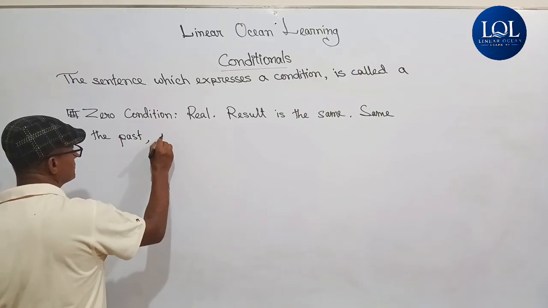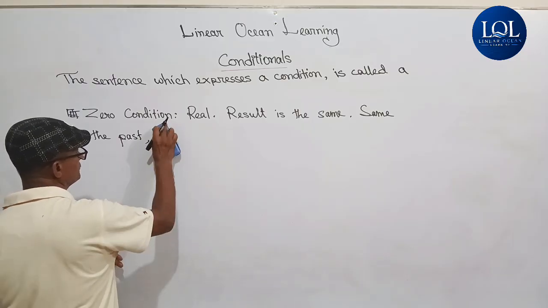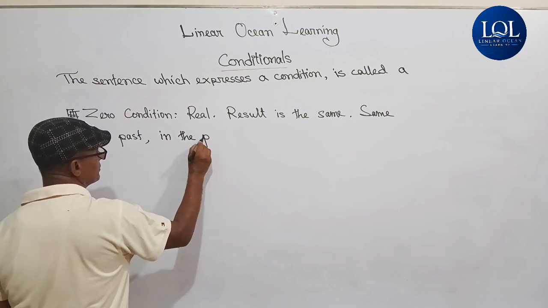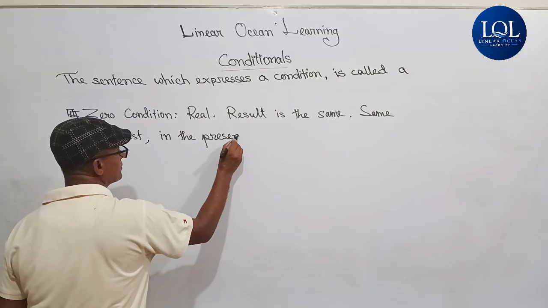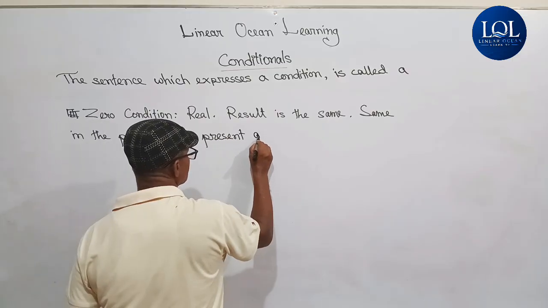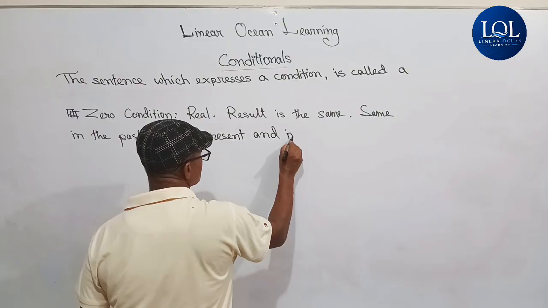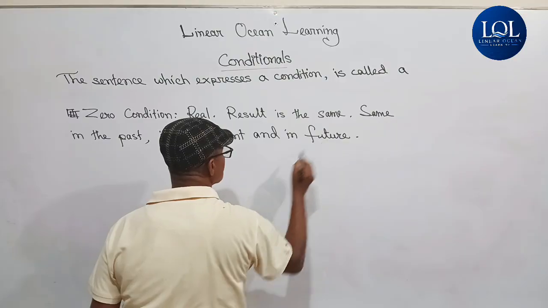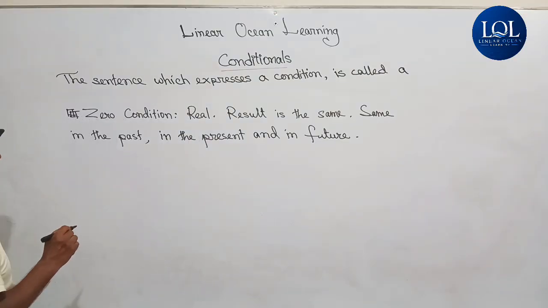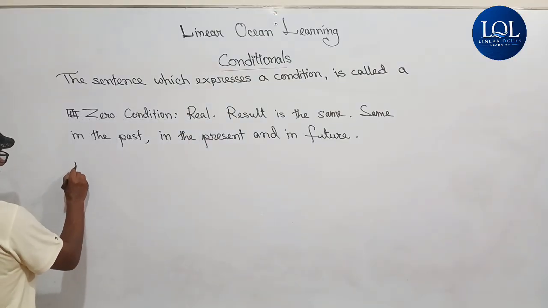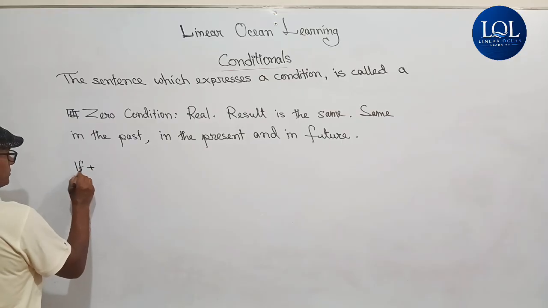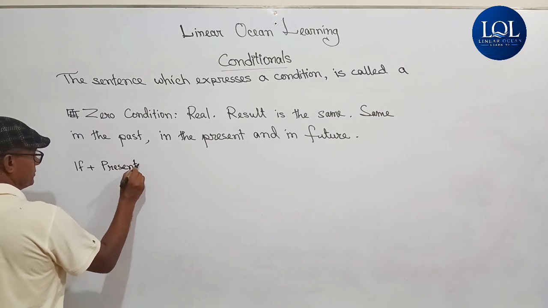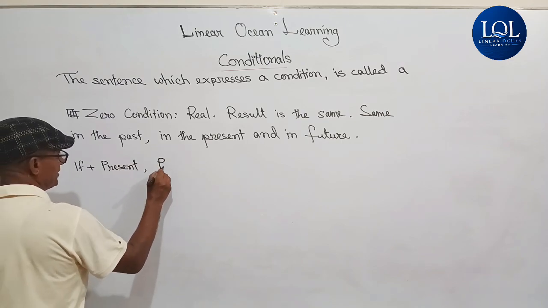Present, in the present, and in future. The structure of zero condition is if plus present, comma, present.